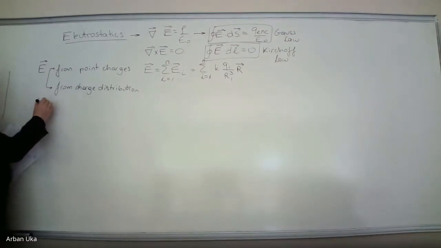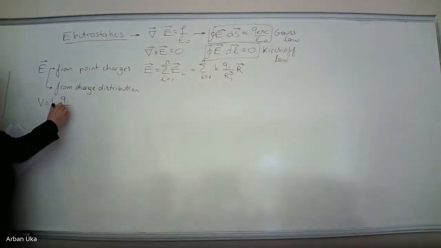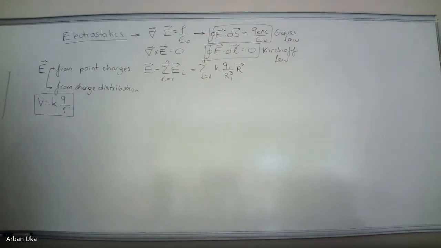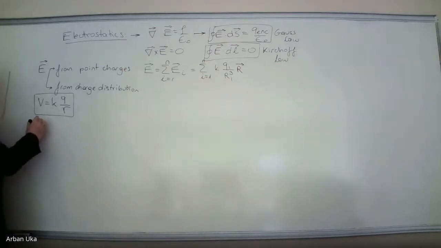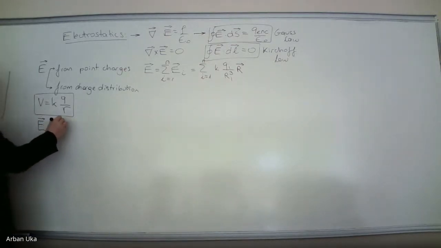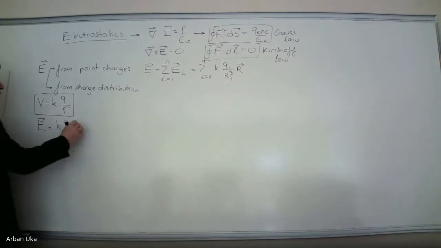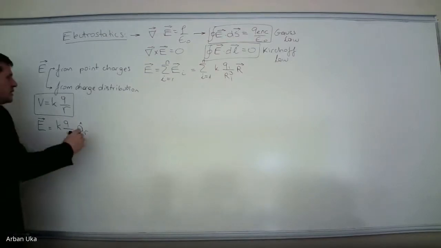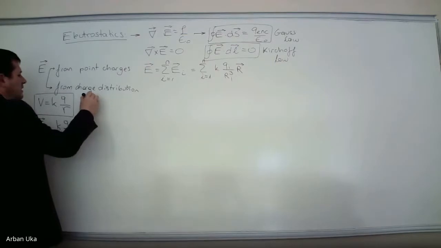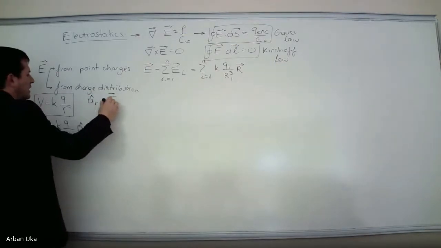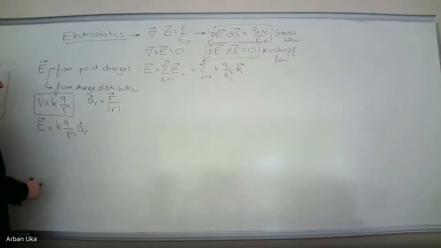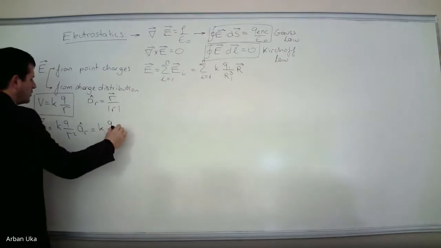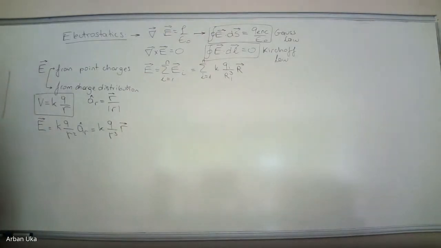So first of all, this is only as a reminder. The potential from a point charge, we write it like this. The potential V is kq over r, and the electric field, that is a vector, is equal to kq over r squared times ar. Similarly, we know that ar, the unit vector, is r divided by the magnitude of r. So in this case, we can also write this as kq over r cubed times r.